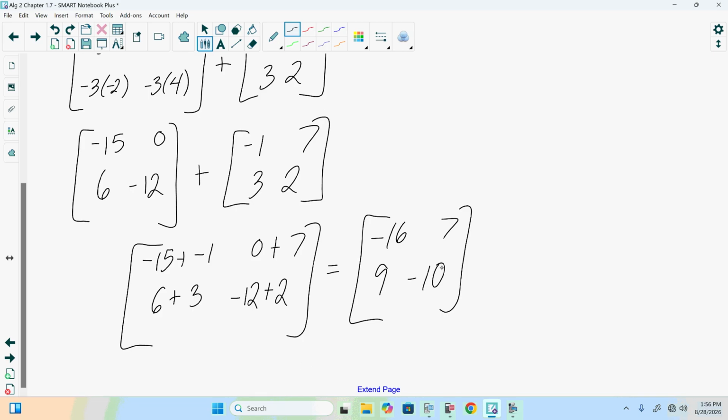Same thing, yes? Matrices do show up every now and then on the ACT. Questions on this here?